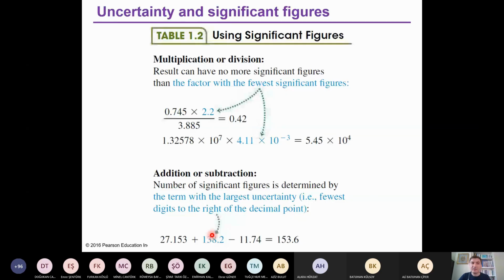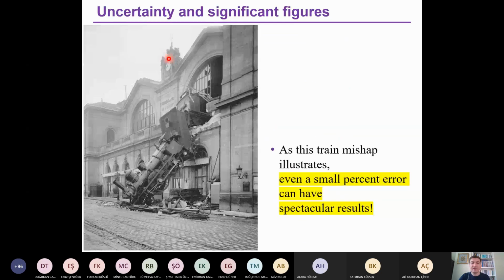So what about the uncertainty or errors or accuracy in calculations and significant figures? They are very important in calculations. Here, there is one example from old times. This is a train station, okay? And this is a train. So as this train mishap illustrates, even a small percent error can have spectacular results. Maybe you have watched the Dragon Crew flight to the International Space Station this summer.